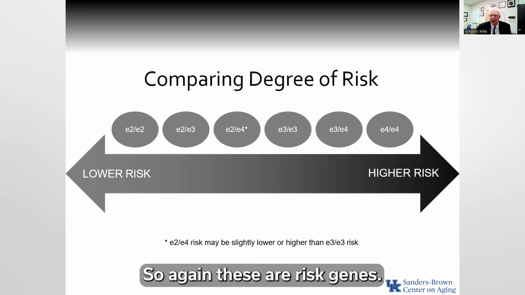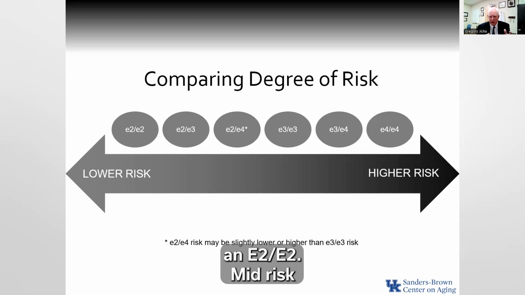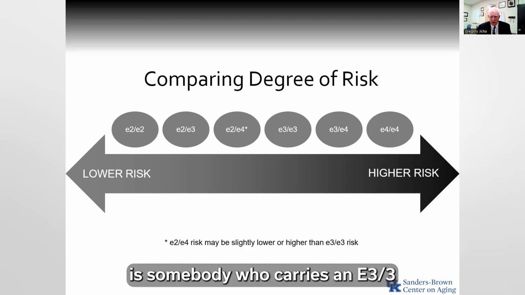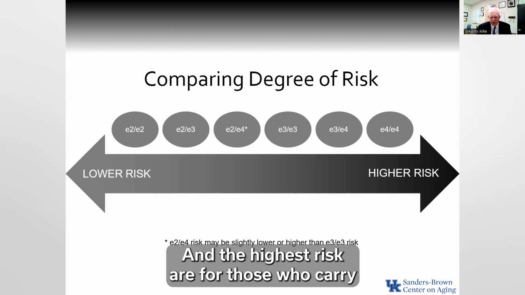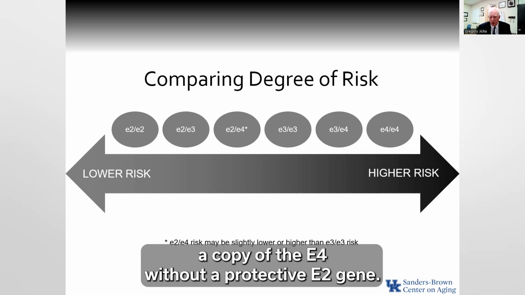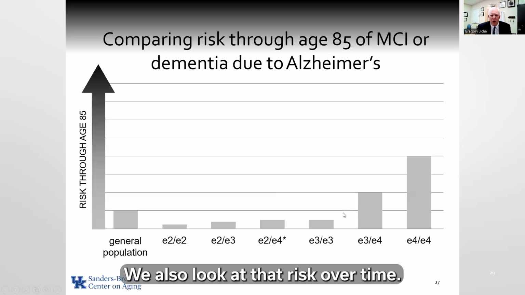So again, these are risk genes, and the lowest risk would be somebody who carries an E2, E2. Mid-risk is somebody who carries an E3, E3. And the highest risk are for those who carry a copy of the E4 without a protective E2 gene. We also look at that risk over time.